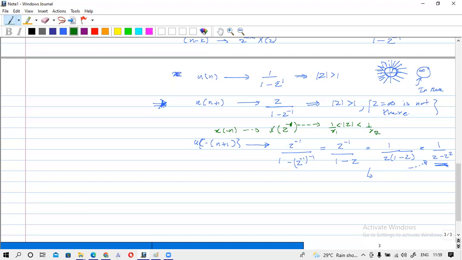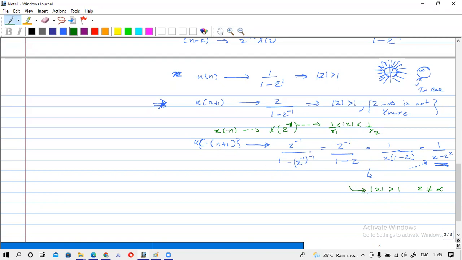This will be your ROC. Here you have |z| greater than 1, and also z not equal to infinity. So this is your ROC for the time shifted one, n plus 1, the original one.